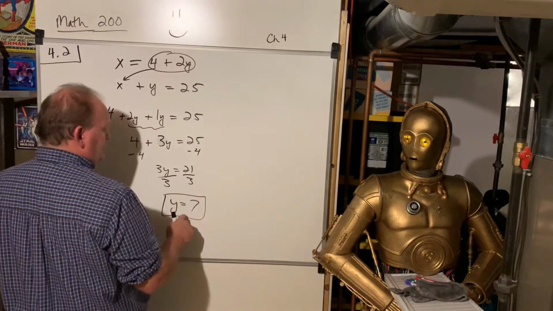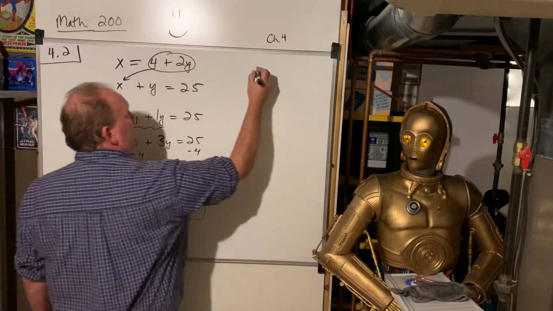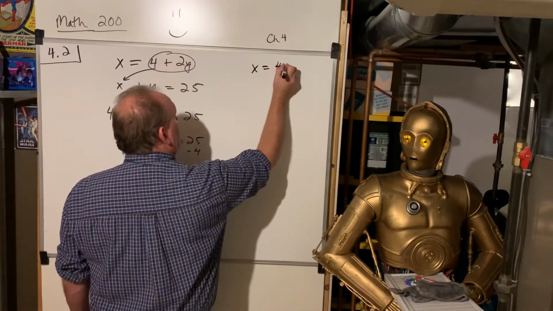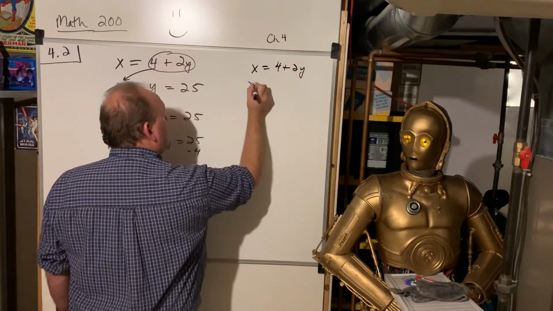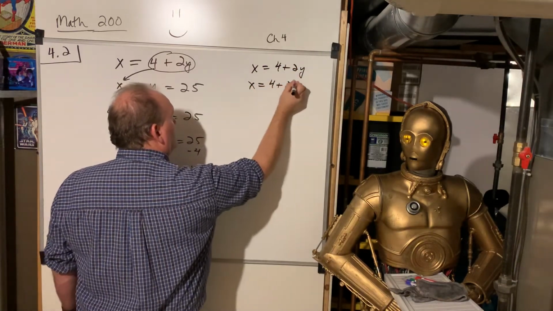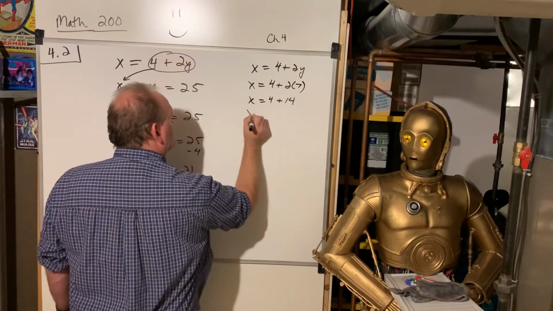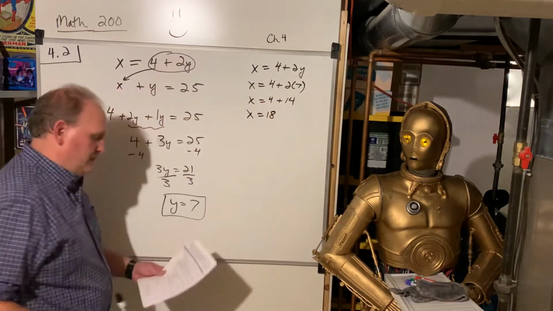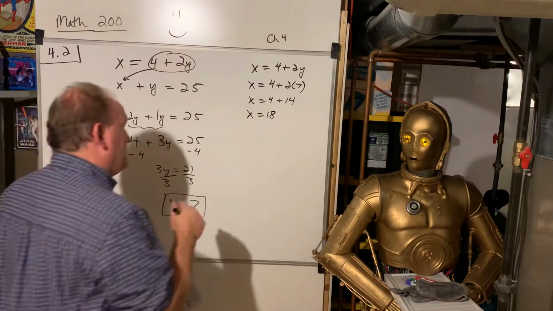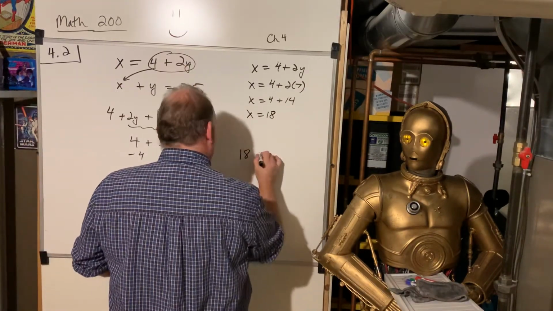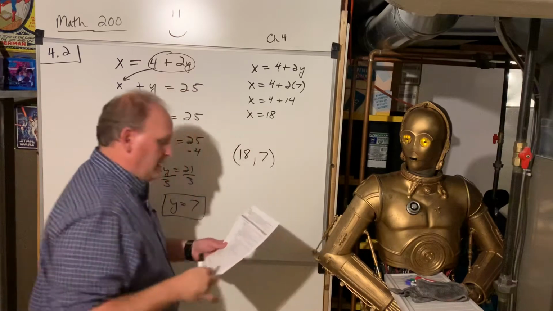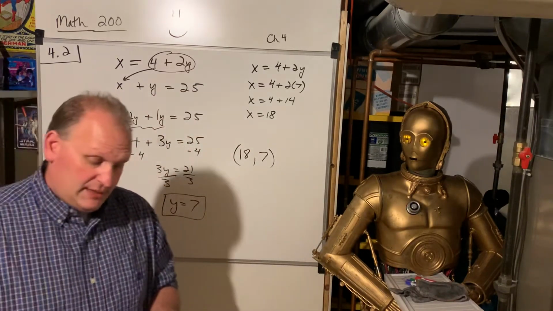And so now I take that and I put it right back up into that equation that's solved for x. So instead of a y there, put a 7 there. And there we go. So 18, comma 7 would be the point that they cross at.